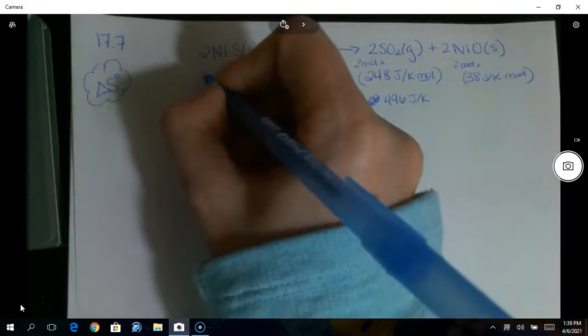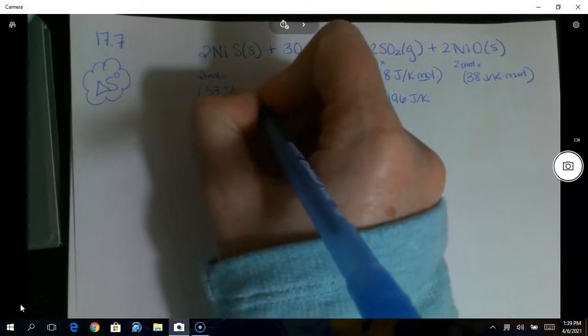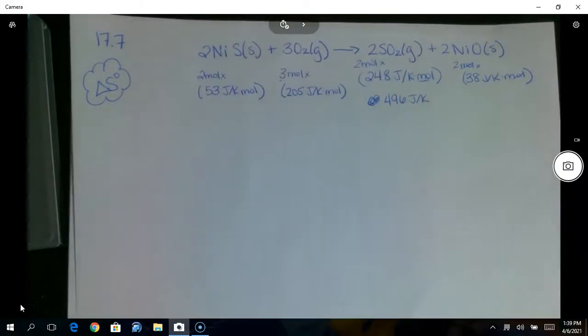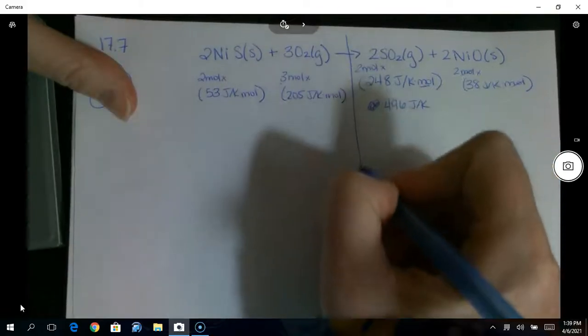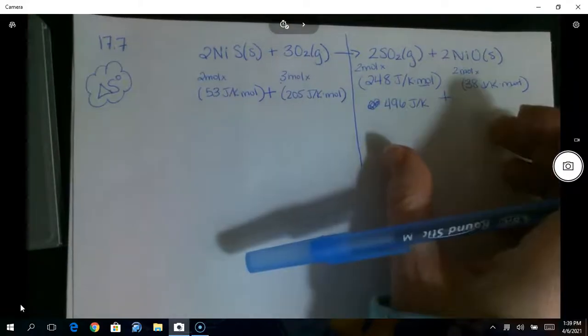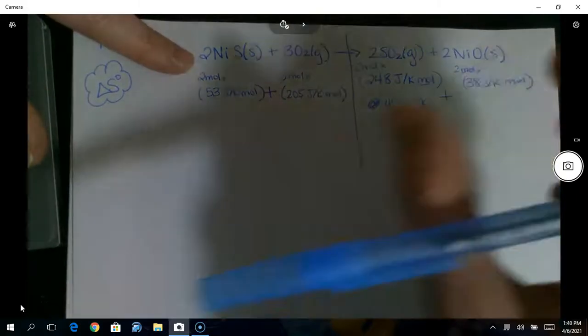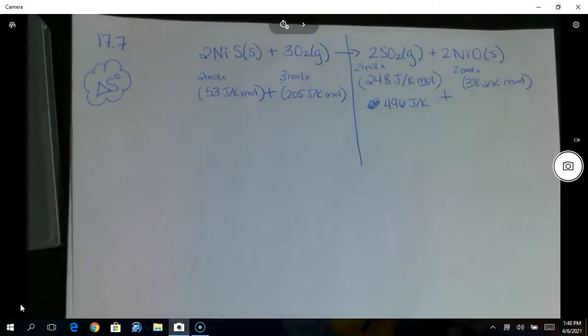I have 2 moles of nickel(II) sulfide, and then this is going to be 53 joules per Kelvin times mole. And I'm going to divide this in half, and I'm going to add up on each side. So I can see how much entropy I have to start with, and how much entropy I have to end with. So I'm going to get out my calculator and do some of this work.